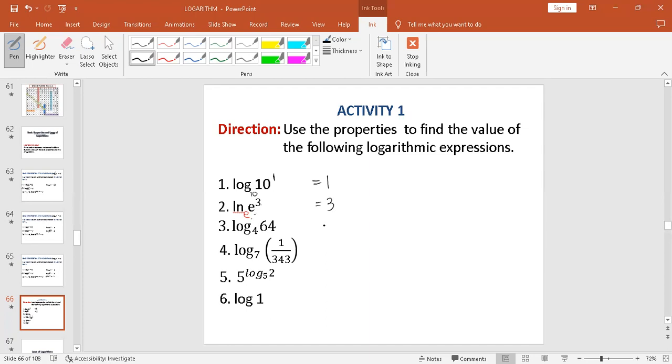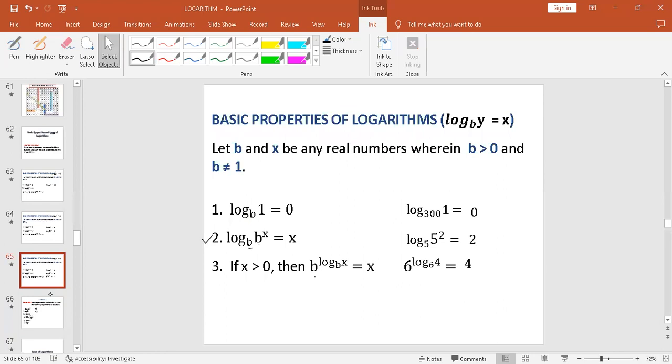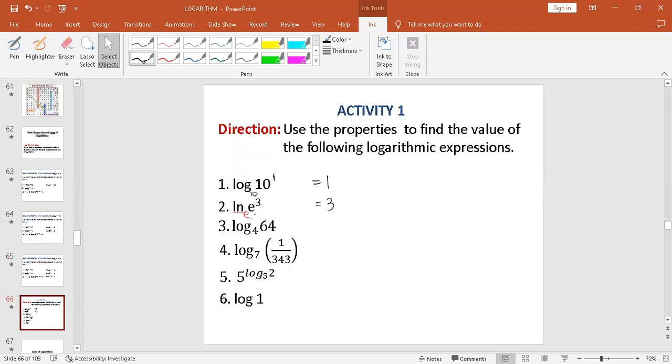Alright. So number 3, log of 64 to the base 4. Tingnan natin yung properties. Saan kaya pasok yung number 3? Okay, let's try to manipulate first this. Okay, observe 64.